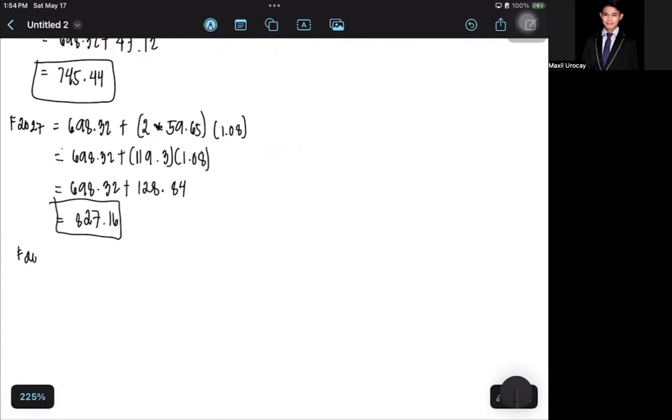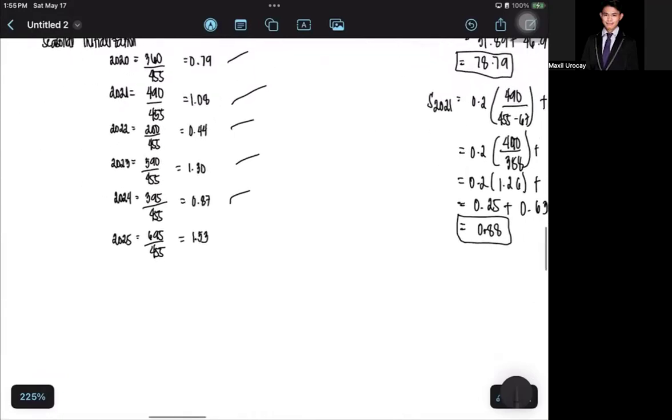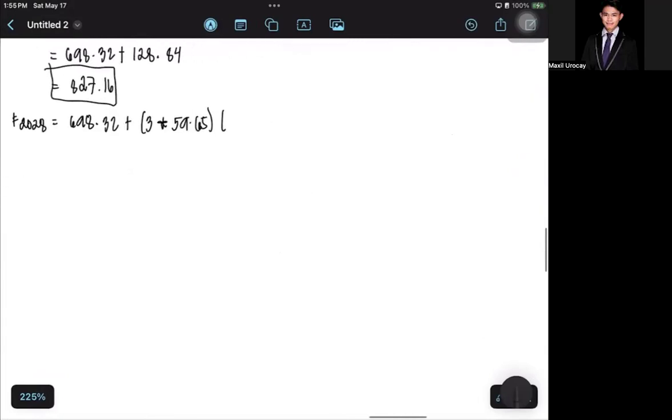What about for 2028? So it will become 698.32 still, plus your H will become 3 because this is the third year that you are forecasting. So 59.65. Then your seasonality initialized for the third one, after this 1.08, is 0.44. So we can definitely use that one, 0.44.